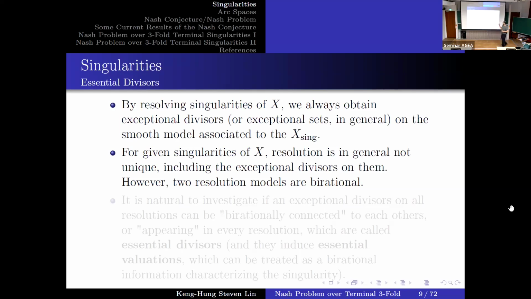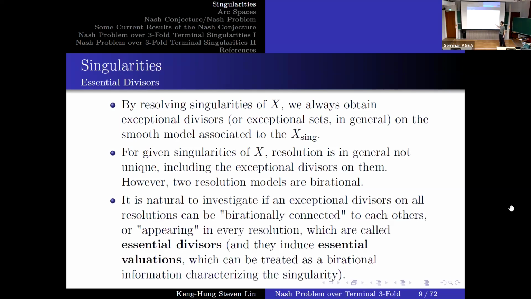right? But however, we are doing birational geometry, right? And notice that although we have a bunch of resolutions, any two resolutions are birational to each other, right? Because they are birational proper morphisms.